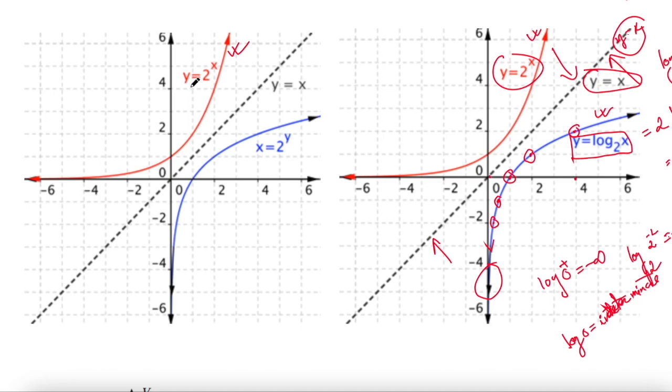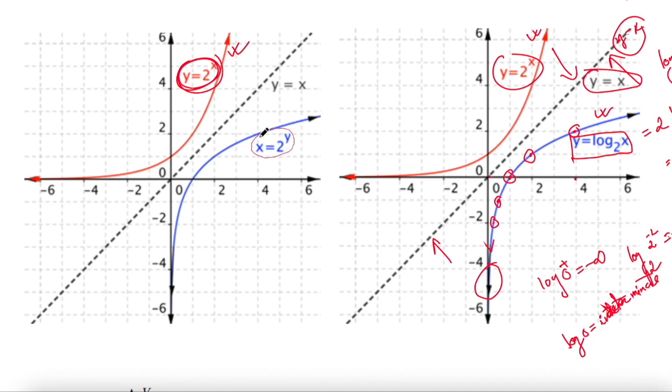And if you look at here, we know y equal to 2 to the power x is an exponential function, and the corresponding inverse function, if you just interchange x and y, you will get.